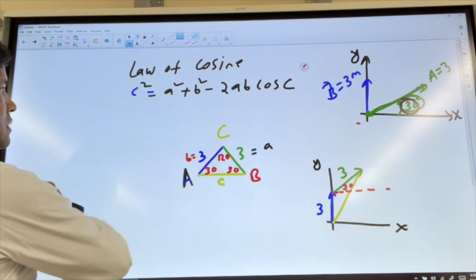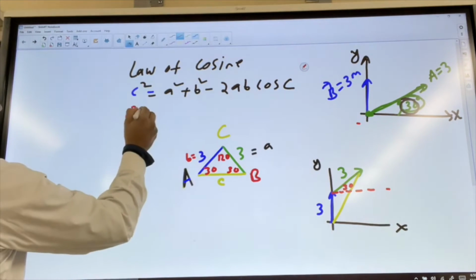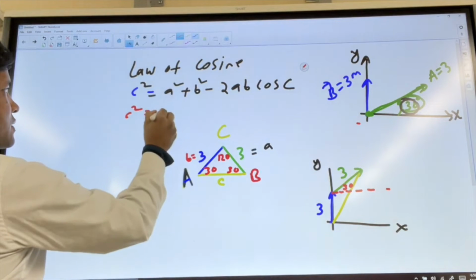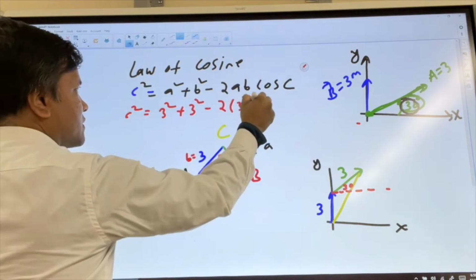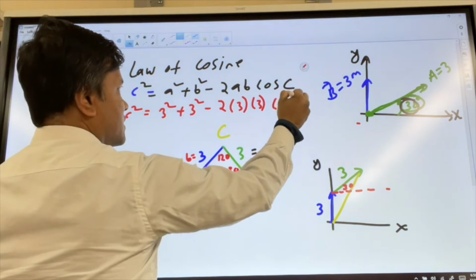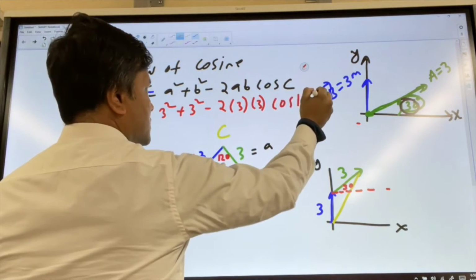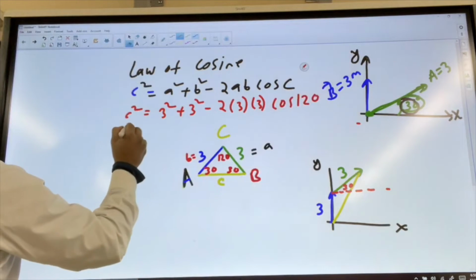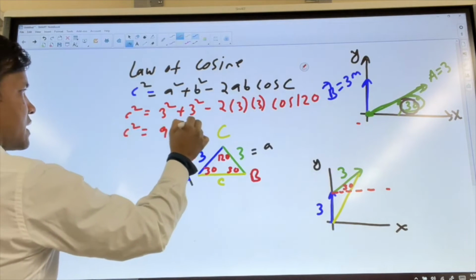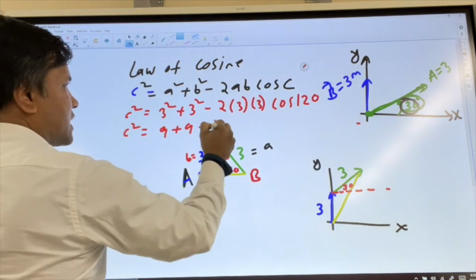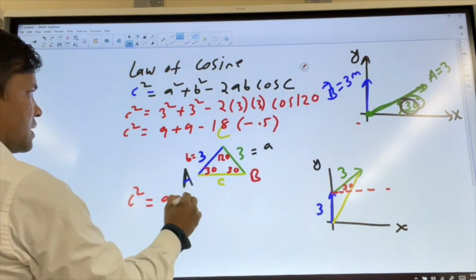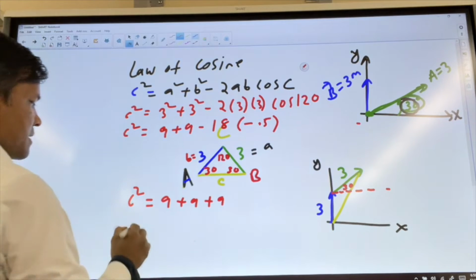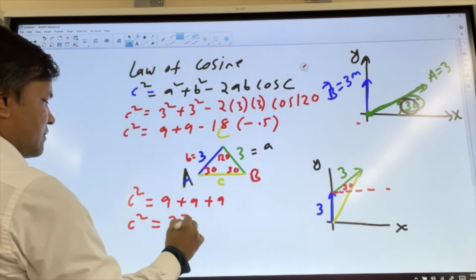Okay, so the law of cosine is c squared equals a squared, 3 squared, plus b squared, 3 squared, minus 2 times 3 times 3 times cosine 120. All right, so c squared is 9 plus 9 minus 18 times negative 0.5. So c squared is equal to 9 plus 9 plus 9, so c squared is equal to 27.